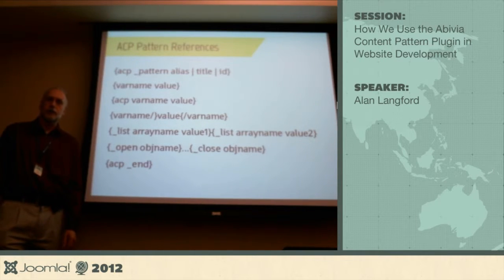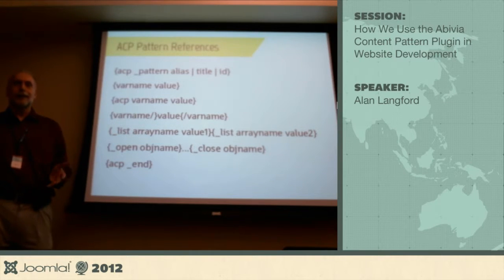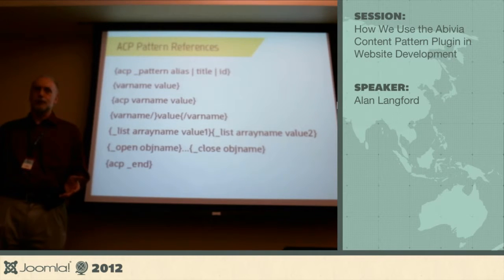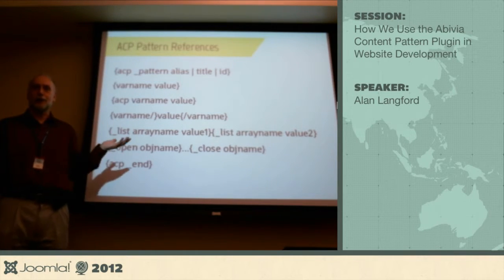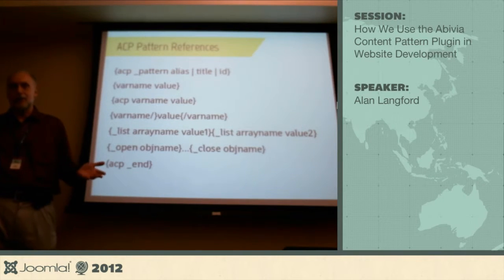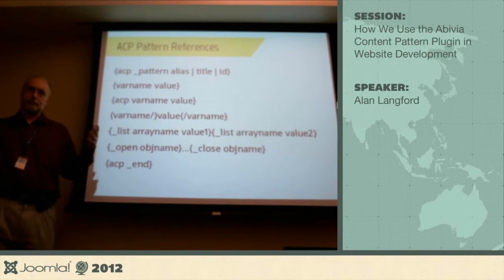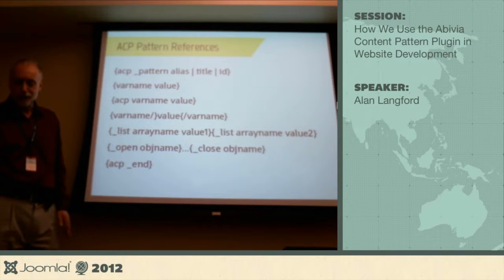If you were unfortunate enough to define a variable called YouTube, and then you went and installed a plugin that triggers off of YouTube, depending on which order it's running in, you might get the output from the YouTube plugin in the middle of a call to an ACP pattern, and ACP will just ignore it because the markup for ACP is gone. So by doing this, you specify that you're in the ACP namespace. It's rarely needed, but sometimes useful.